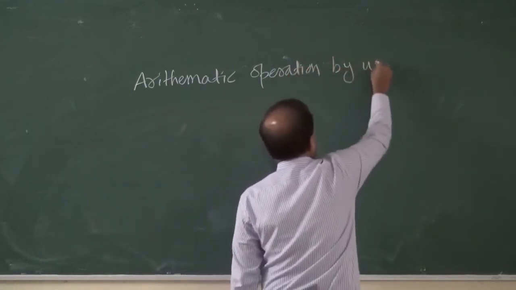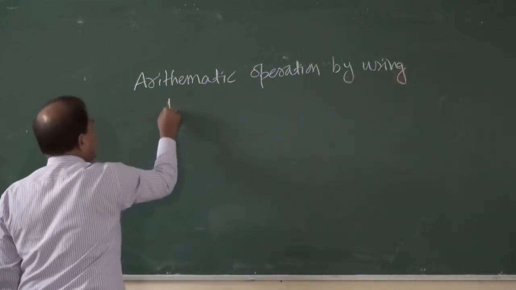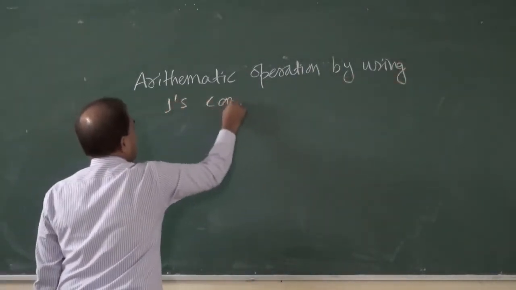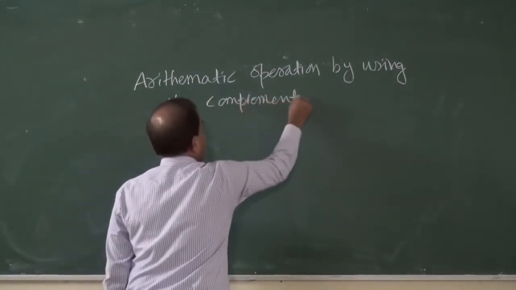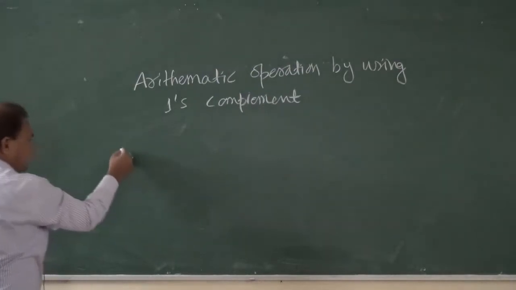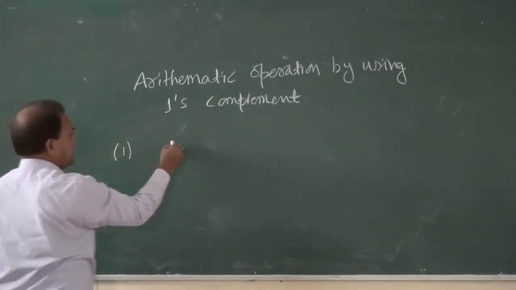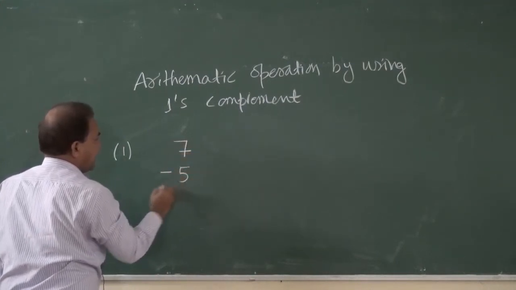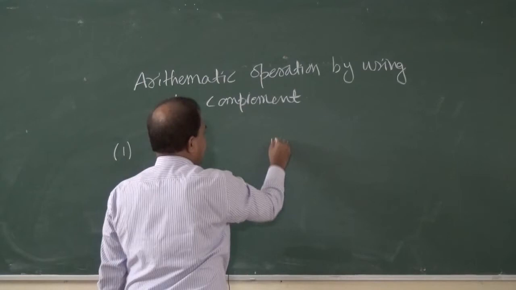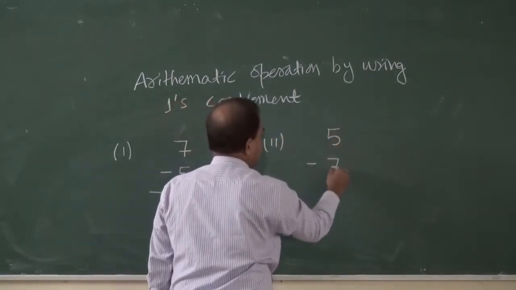So first, suppose 7 minus 5 and second 5 minus 7.